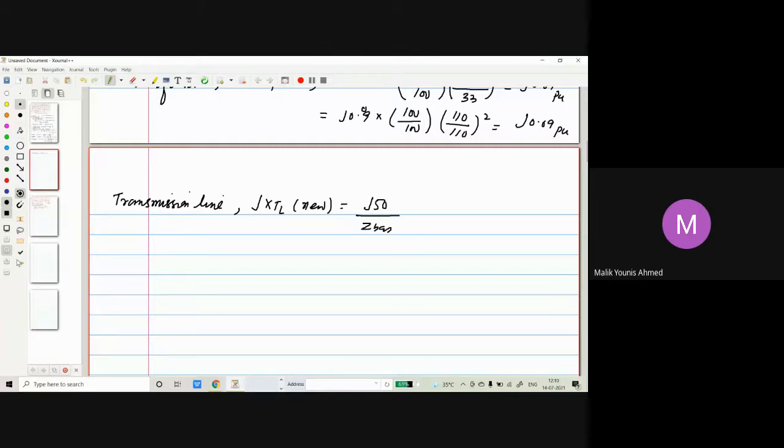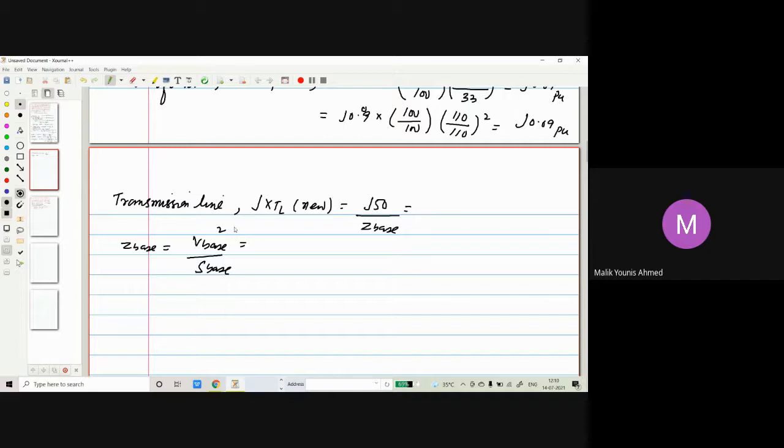But we know Z base, how we find Z base. Z base is V base square divided by S base. That already we have got.